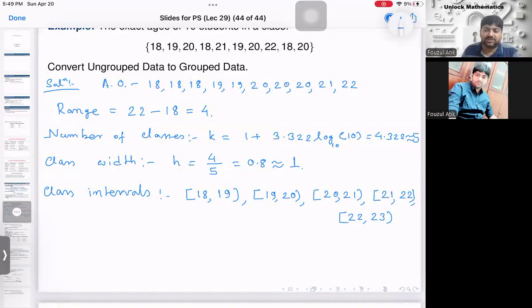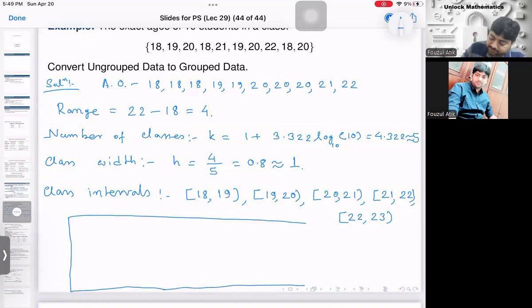And finally, we can create the frequency distribution table. We'll make a table like this, with the class interval on this side and the frequency on this side.